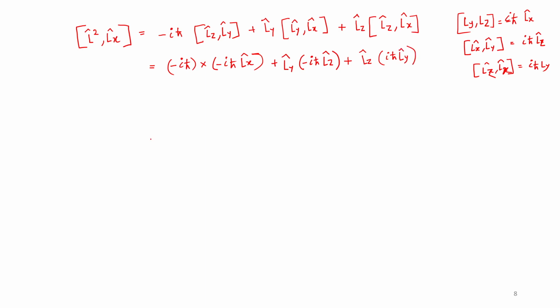Let's see what we have here. So minus iħ minus iħ square, which will lead to, right now I will not solve it. I will just put it like that, Lx square of that. I hope I am doing it correctly.